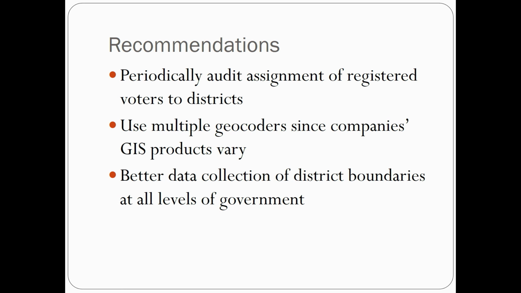You should periodically audit your assignment of voters to districts using this method. Use multiple geocoders, because we find that works best in terms of coverage, and of course because of the issues about legacy data that don't get updated in voter files as quickly as in commercial databases.